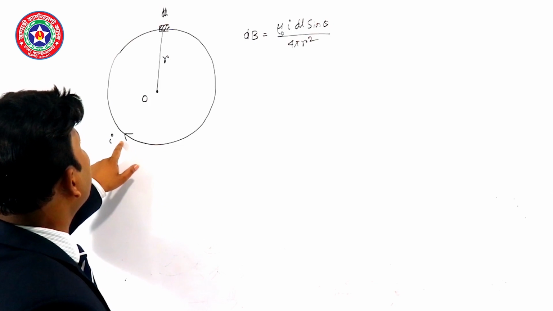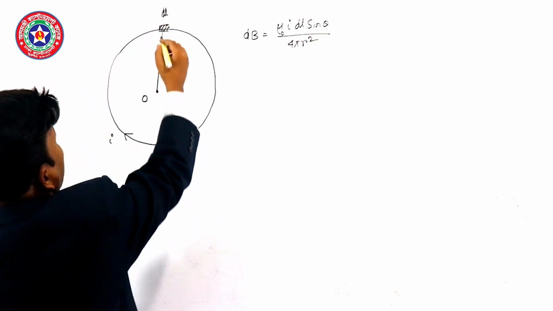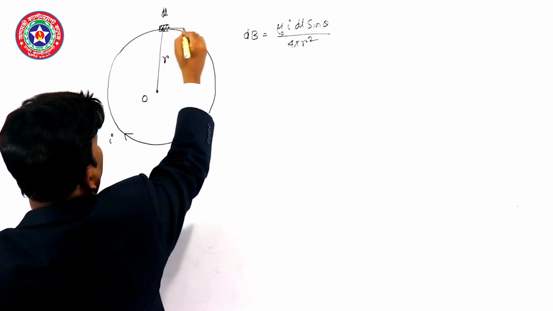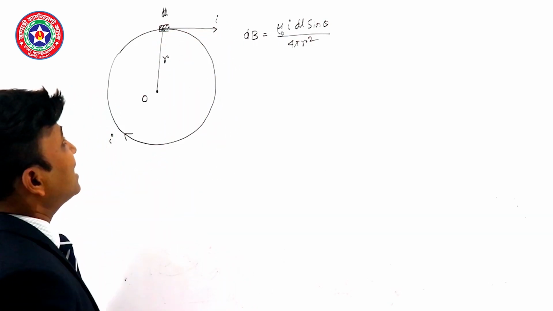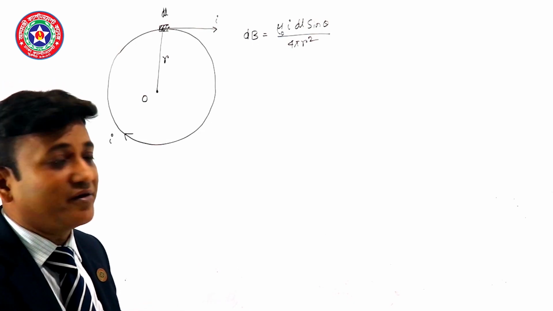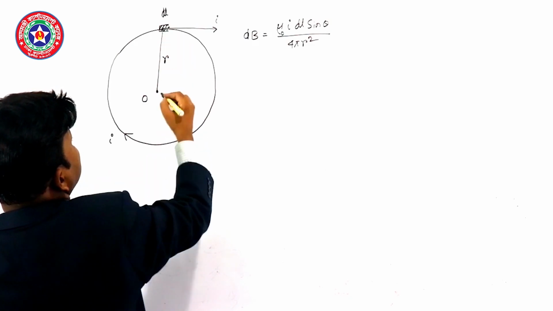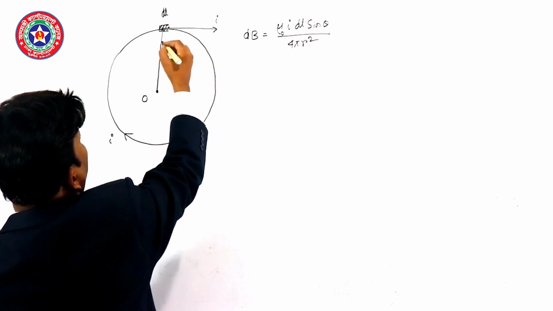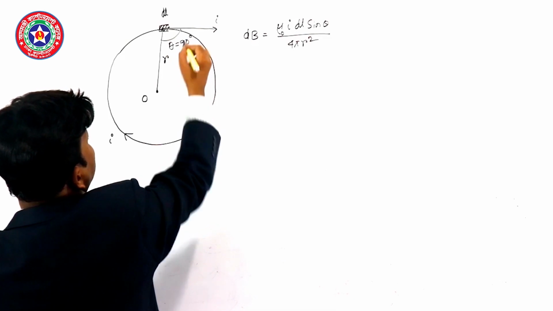When the current I reaches point D, its direction will be along the tangent. This line implies the direction of current. So the angle between the distance r and the direction of current will be θ equals 90 degrees.